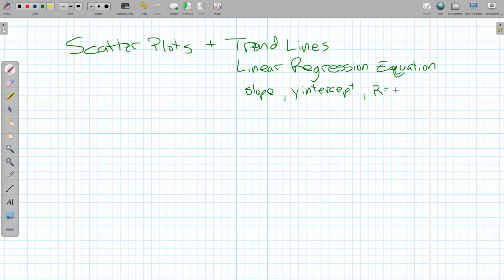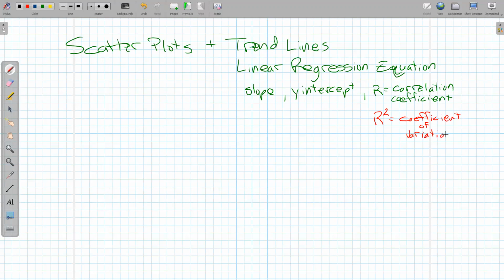R is the correlation coefficient. But sometimes these computer programs give us r squared instead, and r squared is called the coefficient of determination.